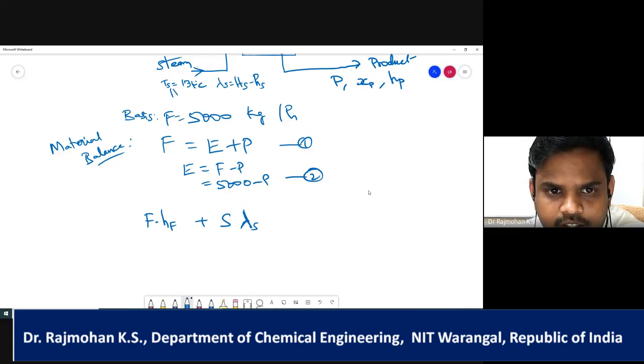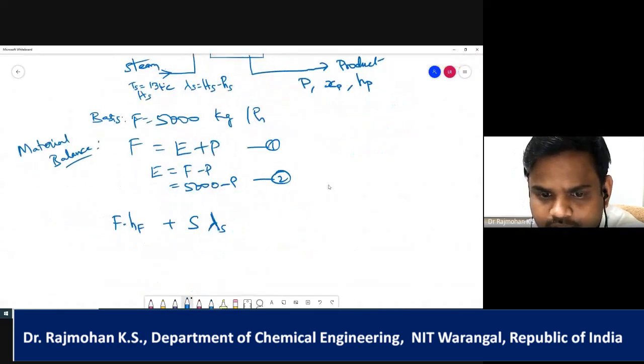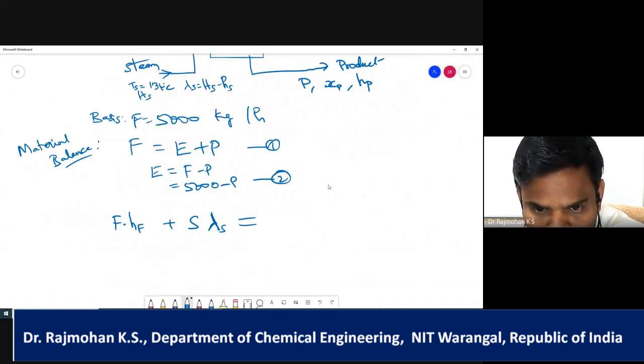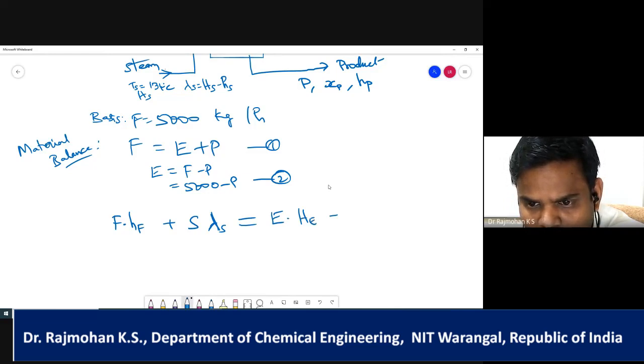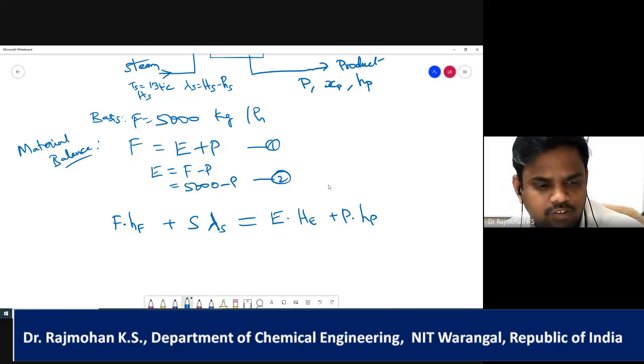Remember the heat here is HS and the heat here is small hs, so the difference in this is lambda. You can refer to the previous lecture if you want more details. So the heat associated with the evaporate is E into capital HE plus P into small hp. Okay, so these are the equations which we may be using in solving this problem.